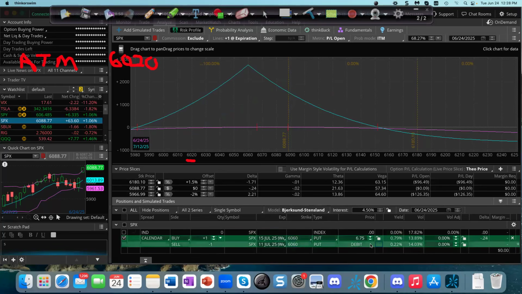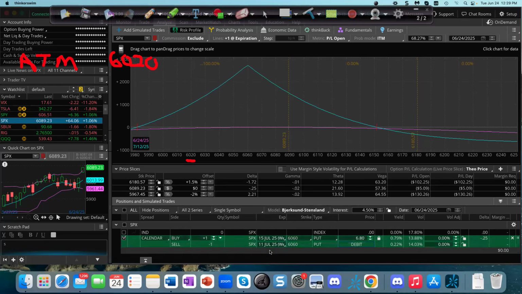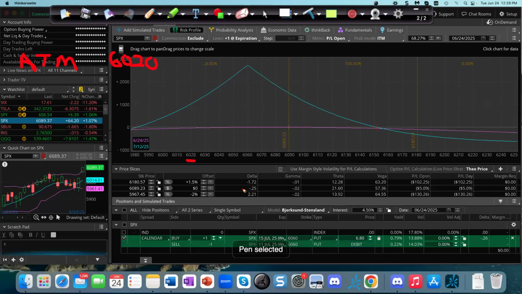The cost will still be relatively the same, near $7, maybe a little bit cheaper. I'll make it 6.80 for a second here. But your deltas are only minus 0.25, short, close to neutral.